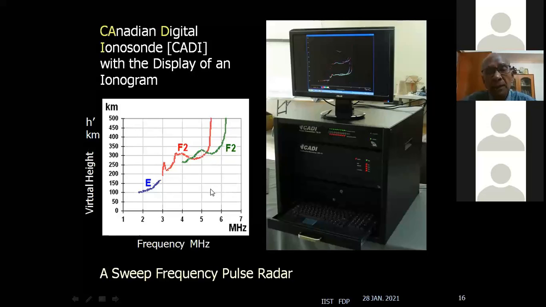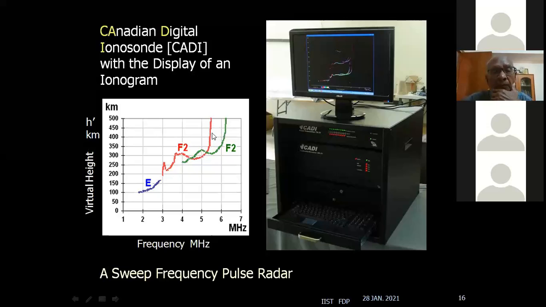So usually there are two radio waves. Since there is a magnetic field, the incident wave is split into ordinary and extraordinary waves, and we are interested in the penetrating frequency of these. These are very close, separated by only the gyro frequency.